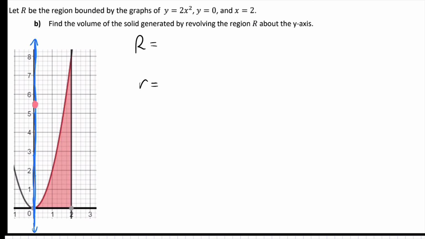And I'm going to draw to the right or to the left until I hit the outside of the shaded part. That's big R. And then little r is the same thing, except now I'm going to stop at the inside of the shaded part.